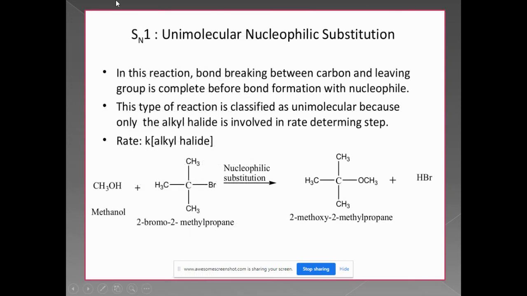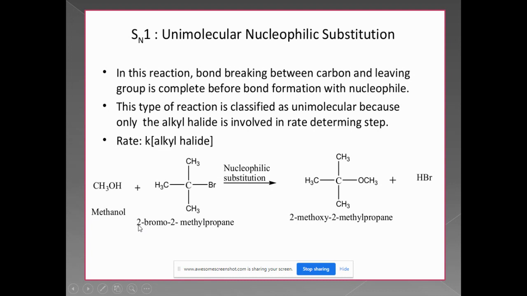So we will first focus on the SN1 unimolecular nucleophilic substitution reaction. In this reaction, we will use tertiary butyl bromide as the substrate.